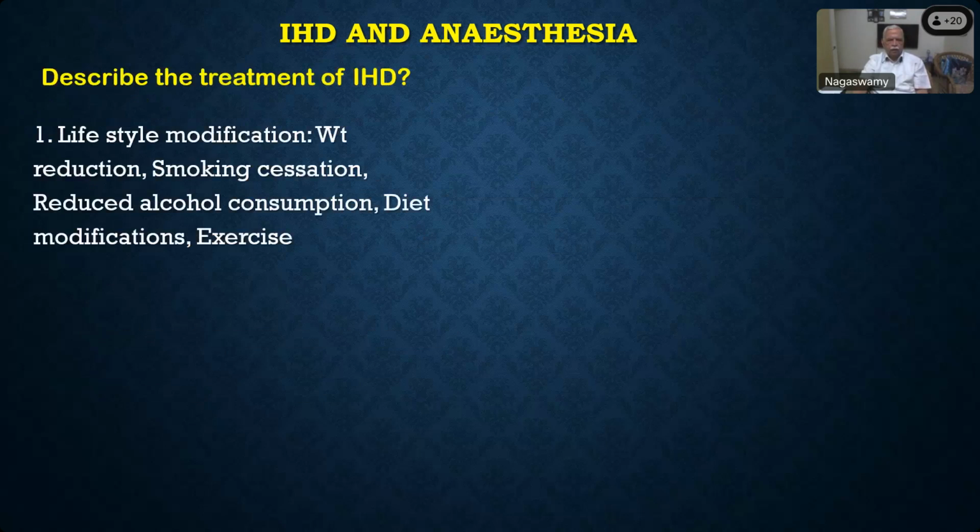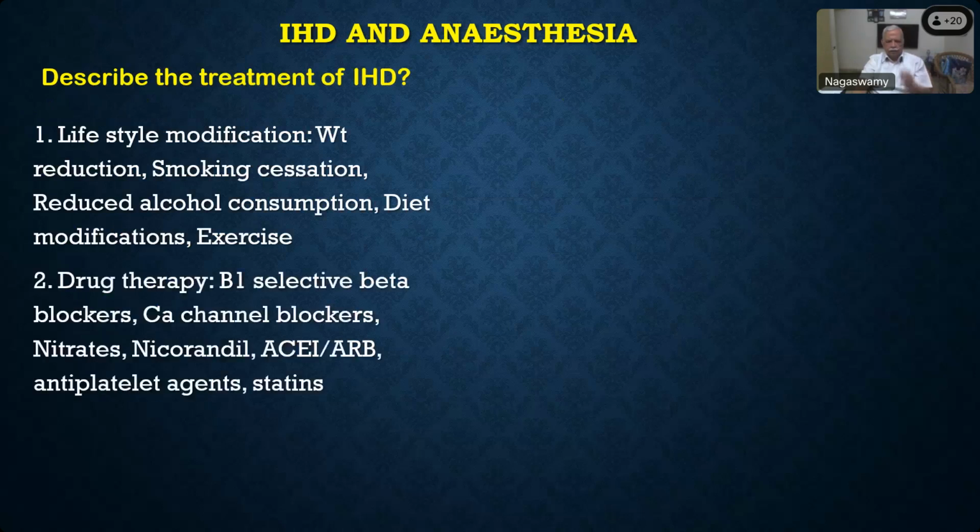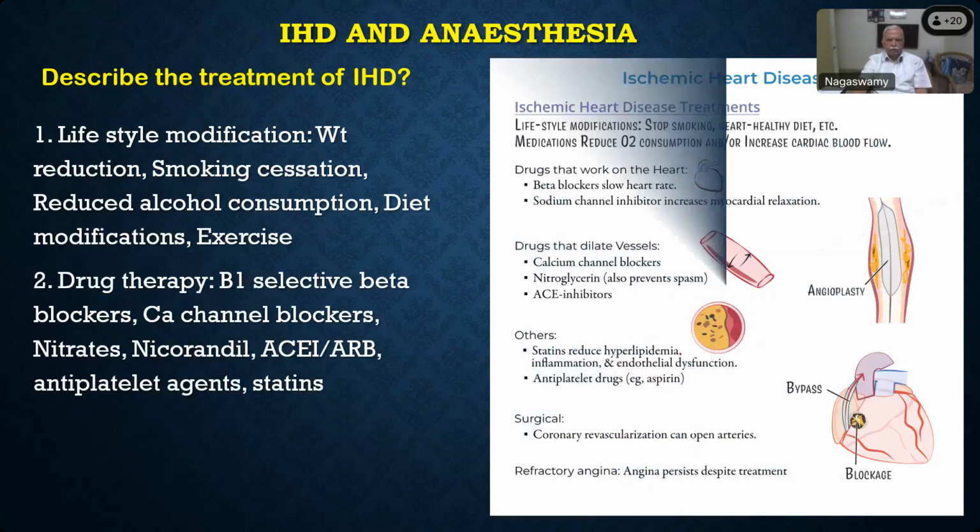So lifestyle modification like weight reduction, smoking cessation, alcohol abstinence, diet modification, and exercise. Drug therapy given is the beta-1 selective beta blocker, calcium channel blocker, nitrates, nicorandil, ACE inhibitors or ARB, antiplatelet agents, and statins. So this picture tells you about management of ischemic heart disease.